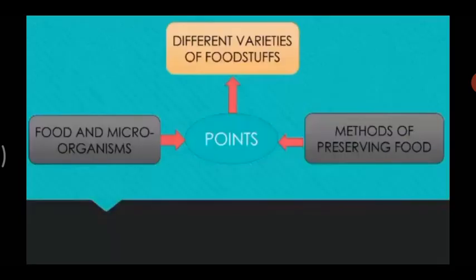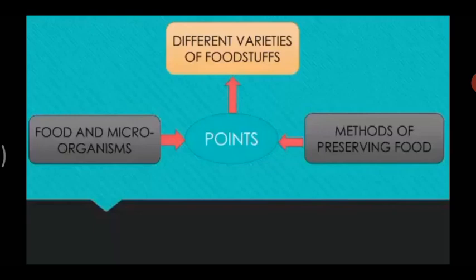Let's move forward. Now, which points are we going to cover in this chapter? That is food and microorganisms, different varieties of foodstuffs available as per the seasons.